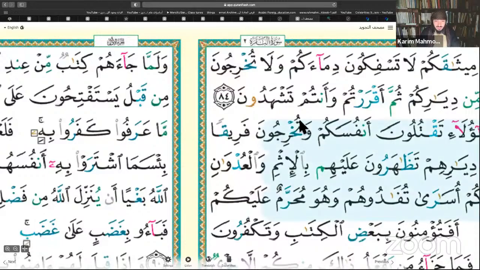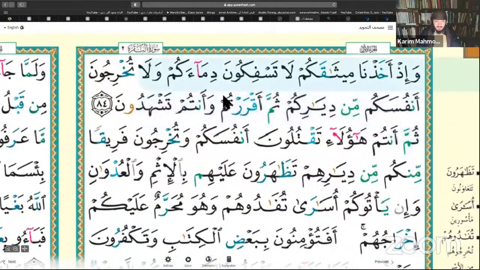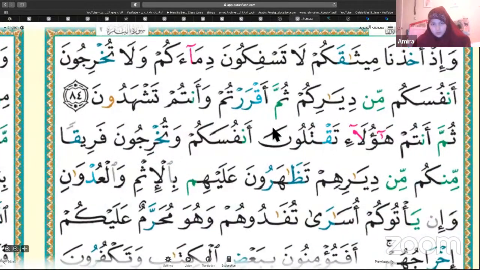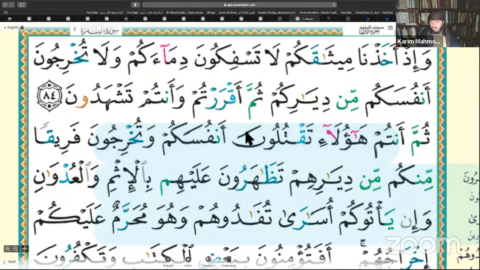Bismillah. Brother Kareem, we didn't finish the last one of the other page. We did it yesterday. That's a big ayah. Only Sulaiman and Amira read it. Only Asya didn't read it by herself.